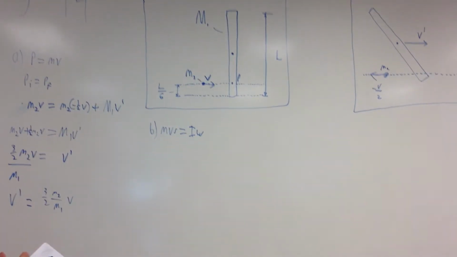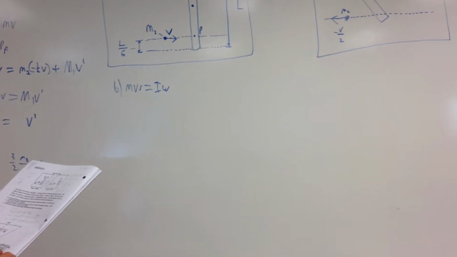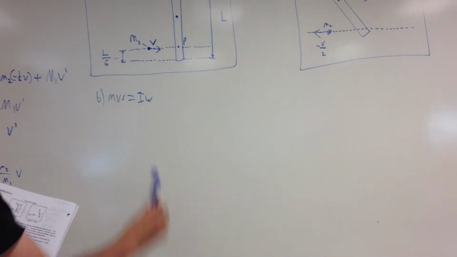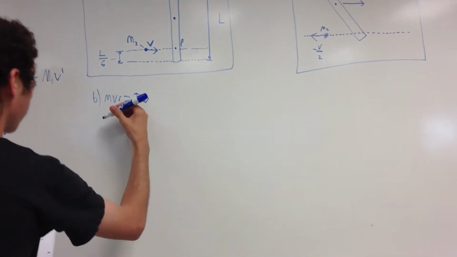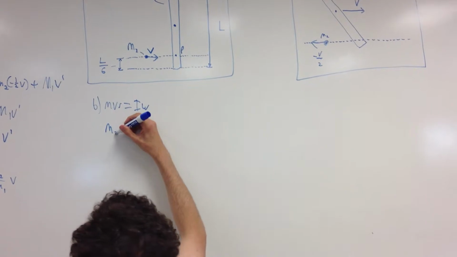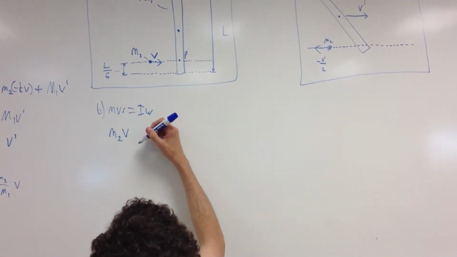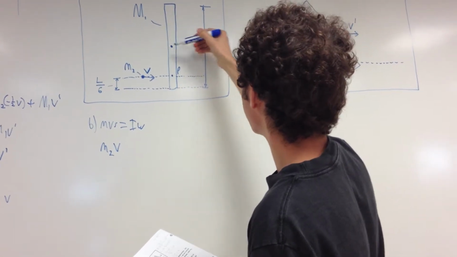The total angular momentum of the system before the collision is just going to be the momentum of mass 2, because mass 1 is not moving. So it is mass 2 times velocity times its distance between the collision and the center of mass.